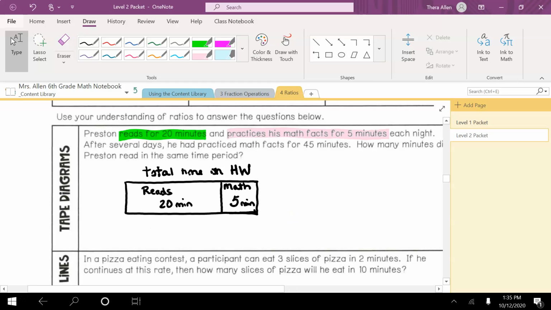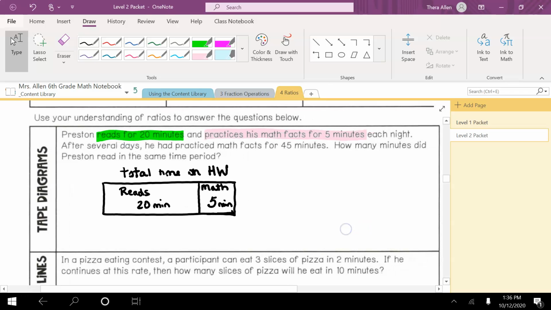And the total amount of time is not really needed, but the reason why people use tape diagrams is it's really easy to look at the total amount of time. So he spends a total amount of 25 minutes a night on homework altogether. But I want to know how much time he read if he spent 45 minutes on math facts.